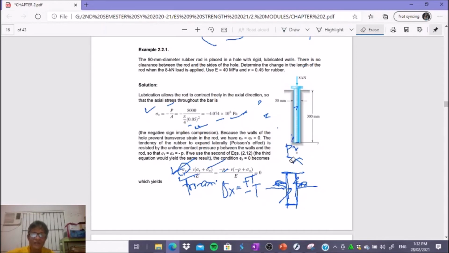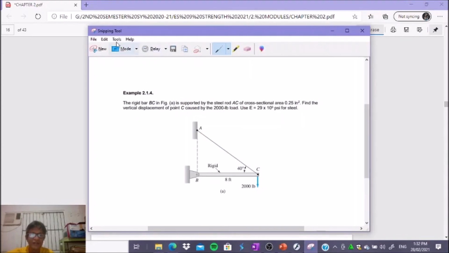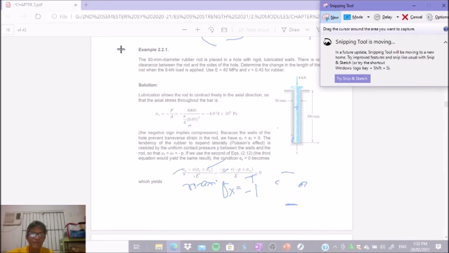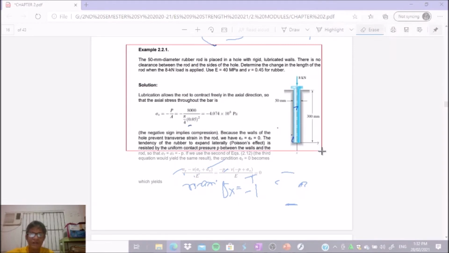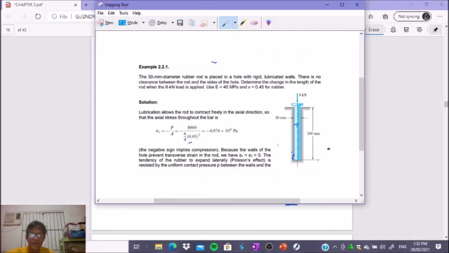Then, I will extract the problem. Okay, so you are the ones who will solve it. I will just show you the solution on how to solve it. So, let's do a snipping and get the problem.